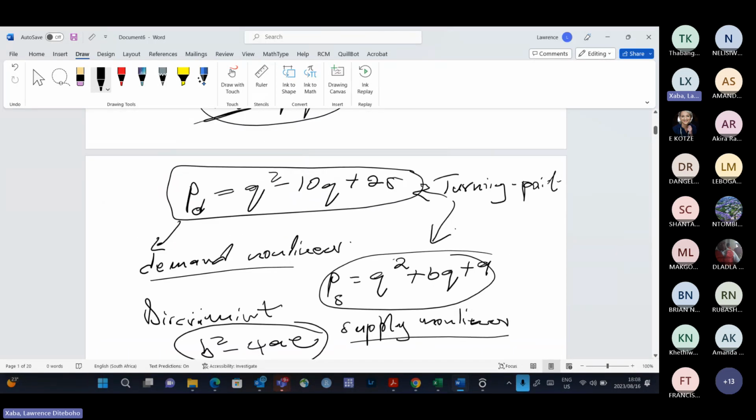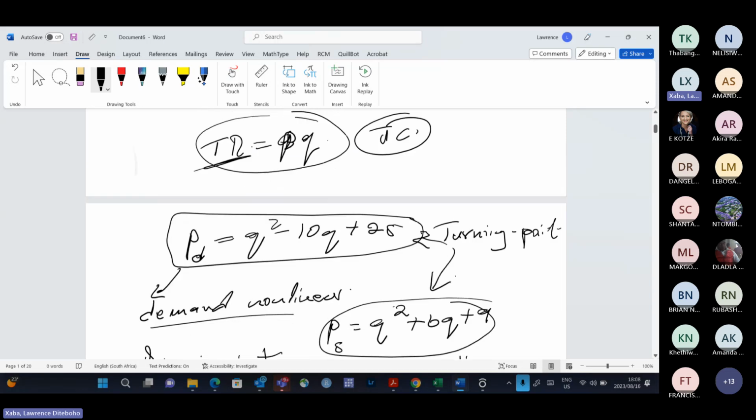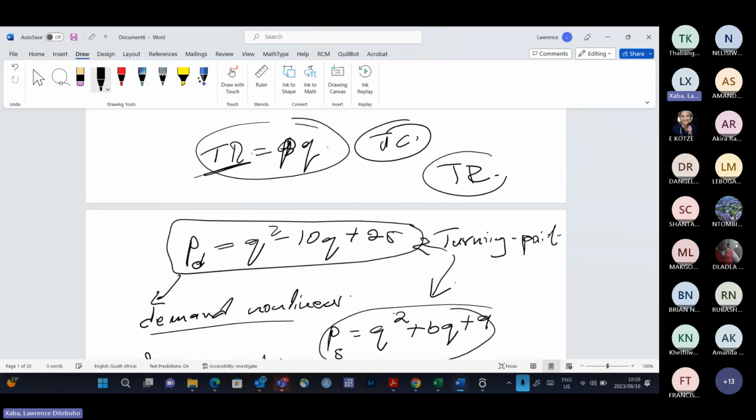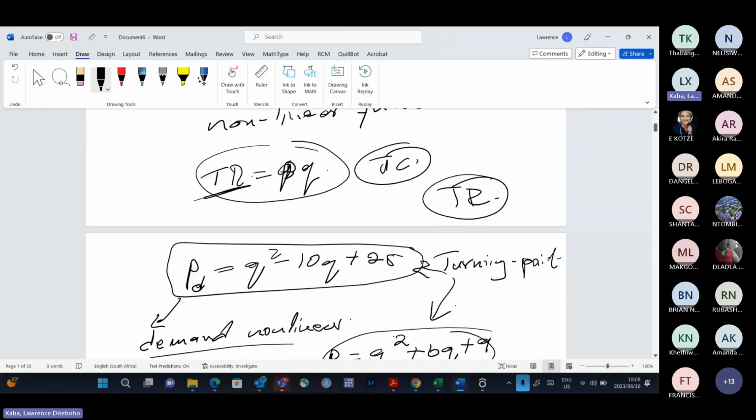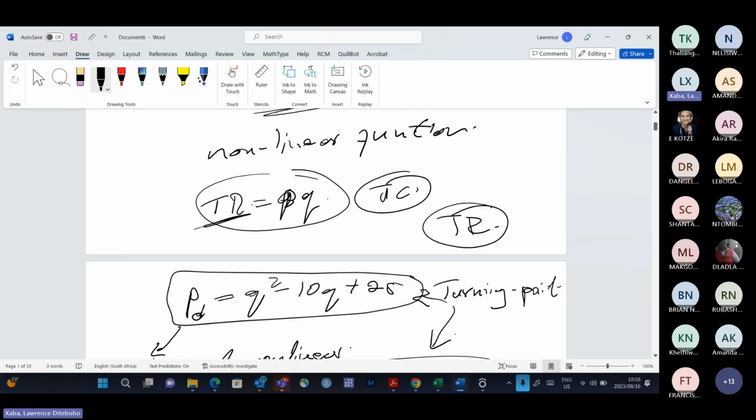But if you remember the equations that we're dealing with, especially under total revenue in our previous lecture, most of our equations are like this, where we say TR, after converting it, will have maybe AQ, for an example, minus maybe BQ squared.